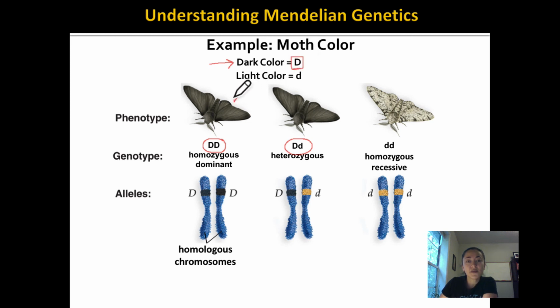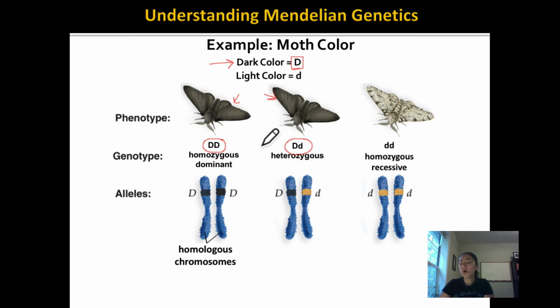So the dominant physical characteristic can be caused by two different genotypes. What that means is if I was holding a dark colored moth in front of you, you wouldn't know its genetic makeup, because it could either be homozygous dominant or heterozygous, okay? You don't know that just by looking at it.